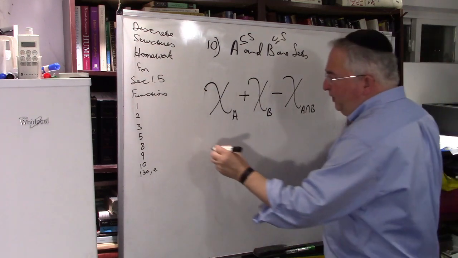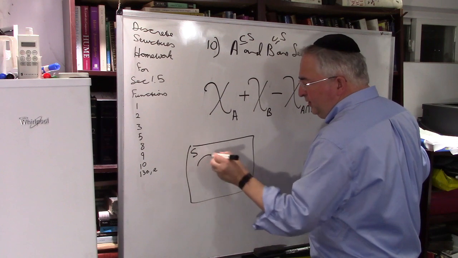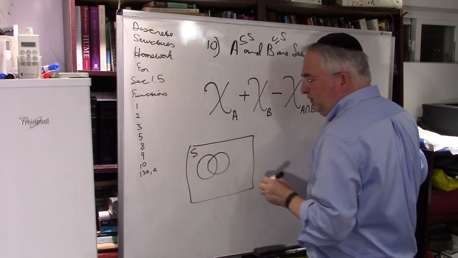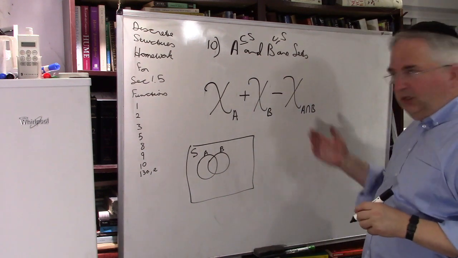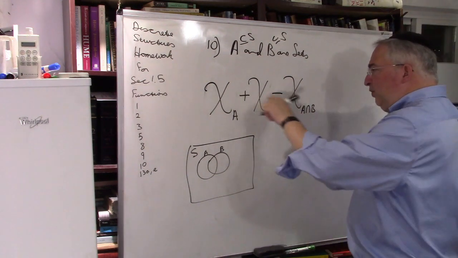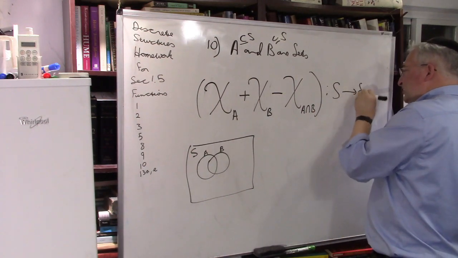Okay, so again we have to look at a picture. Here's a picture, here's S, here's A, here's B, and now we have to see what this means. First of all, this whole thing is a function from S to {0, 1}.